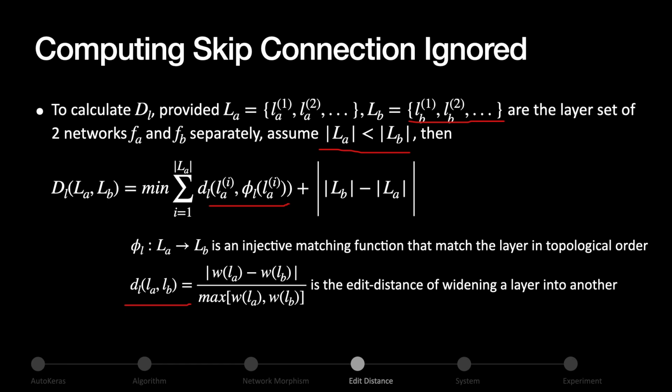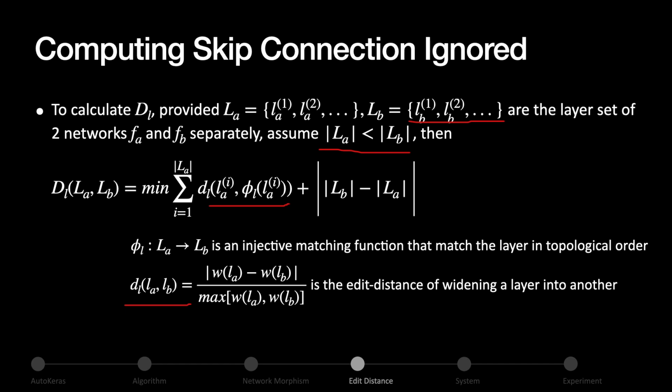The WL is the width of layer L. So for example, if at the same layer, the WLA is 2 and WLB is 3, so the dl of LA LB will be 2 minus 3, take the absolute value, divided by 3, so it's 1/3.